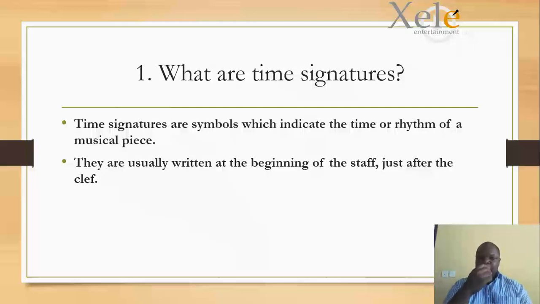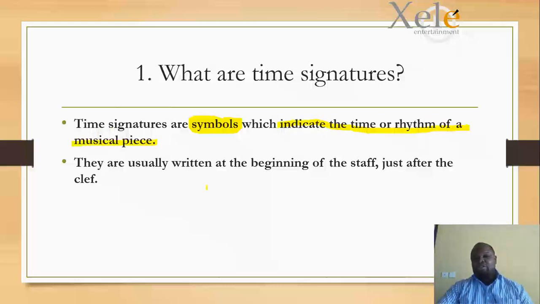Okay, so first question is, what is a time signature? It's simple, really. First of all, time signatures are symbols. A time signature is a symbol or a collection of symbols. What do these symbols do? They indicate the time or the rhythm of a musical piece.